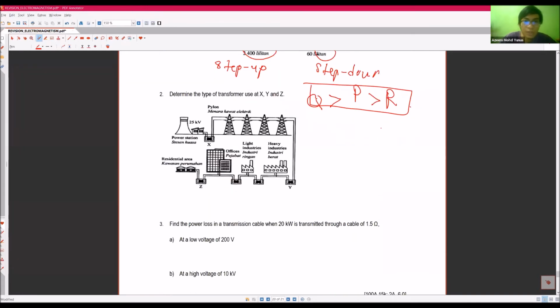Number 2, determine the type of transformer used at X, Y, and Z. Again, before it goes to the NGN, it must be stepped up. And then when it goes to the home or users, it must be stepped down. And this must be stepped down as well, because the requirement for heavy industry is different from the residential area.